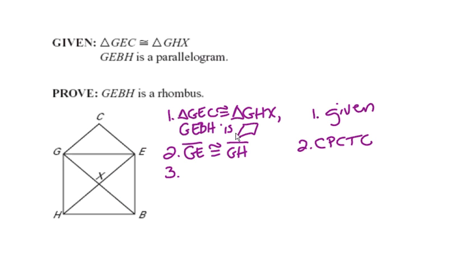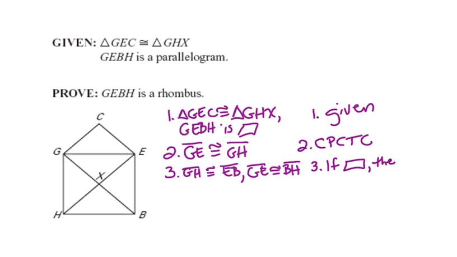All right, the fact that this is a parallelogram means that GH is congruent to EB, and also that GE is congruent to BH. And my reason for that is if parallelogram, then both pairs of opposite sides are congruent. All right, so far so good.